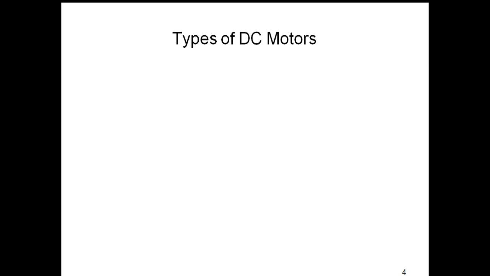We already know what a motor is, and a DC motor is nothing but a motor whose input supply is direct current.